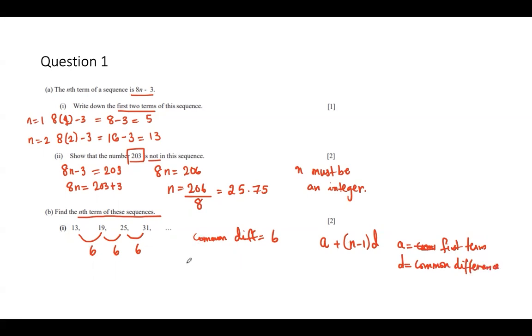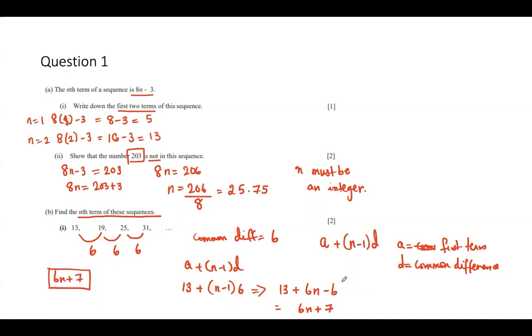We have 13, which is the first term, plus n minus 1 times the common difference. When we expand the brackets, we get 13 plus 6n minus 6. We clean this up, we end up getting 6n plus 7. So we know that the nth term of these sequences is 6n plus 7. So that would be the answer.